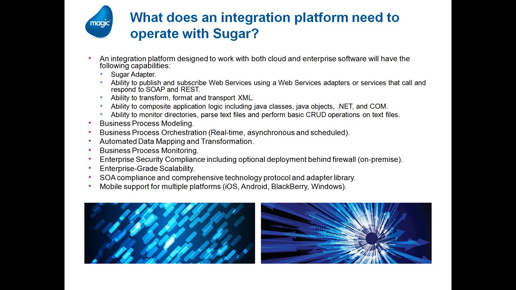So the other capabilities of those systems that we'll be demonstrating today include business process modeling, the ability to visualize the business process, to orchestrate the business process, either real-time or asynchronously.